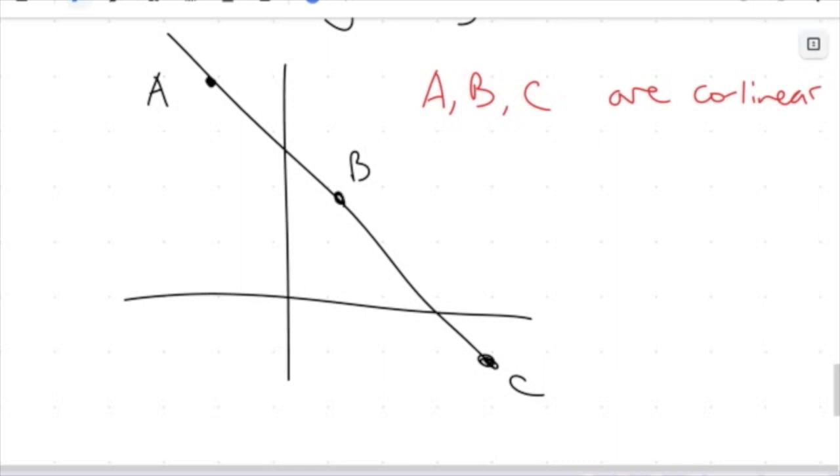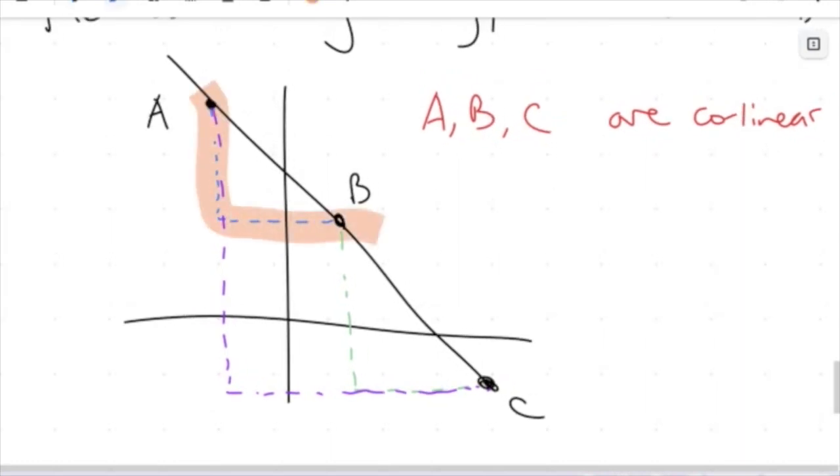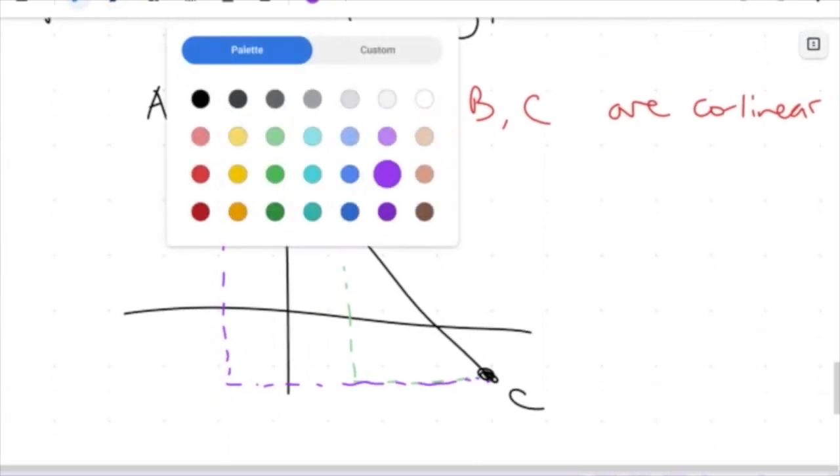So, for example, if I wanted to calculate the slope between the points A and B, that would be the same as the slope between B and C. And that would also be the same as the slope between A and C. So no matter which slopes we're considering, whether it's the slope of joining A and B, B and C, or A and C, the gradient is always constant.